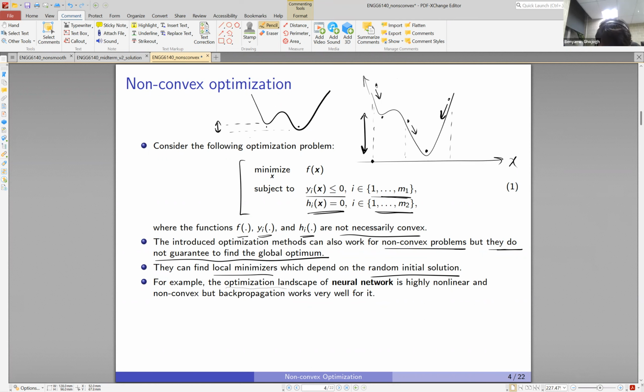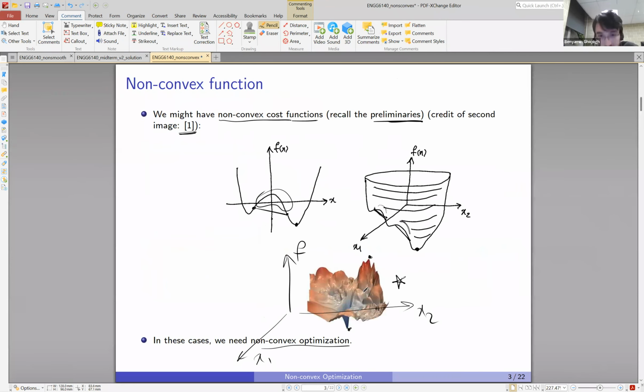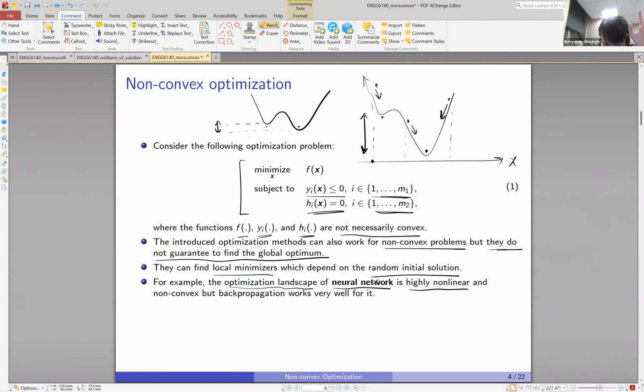The optimization landscape of a neural network is highly nonlinear, similar to what we are showing here in this figure. It's highly nonlinear and highly non-convex, but backpropagation works very well for it. So you might be wondering, if the optimization landscape of neural networks is highly nonlinear and highly non-convex, how do neural networks work well for machine learning, computer vision, and different applications in natural language processing?